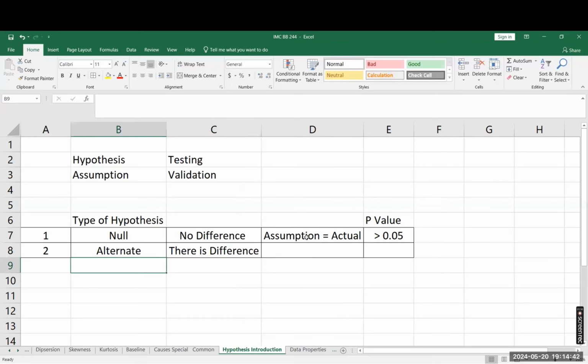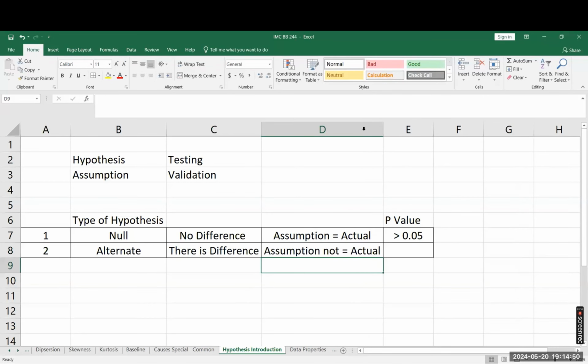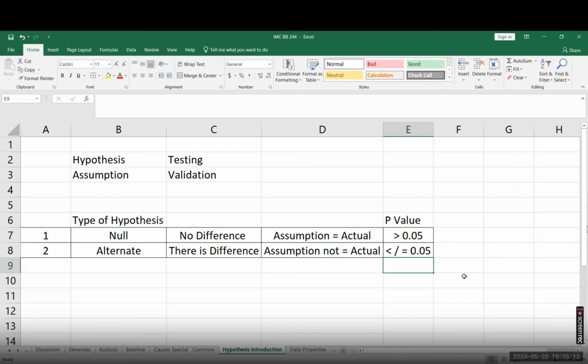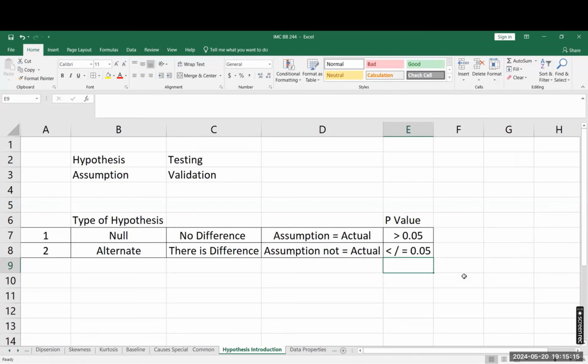Difference means the assumption you are making is not equal to the actual, which means the risk you have taken, you are falling into the risk, and your probability value will be less than or equal to 0.05. This is the simple validation we do in hypothesis testing.